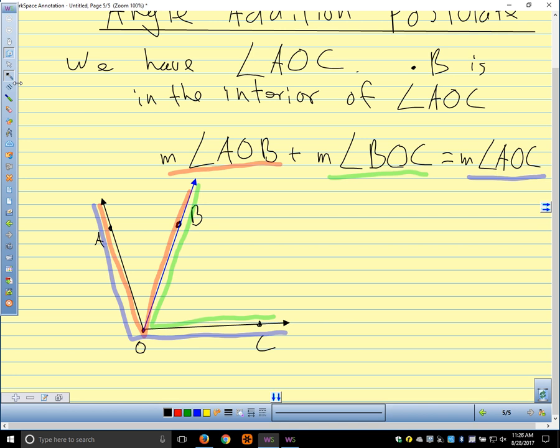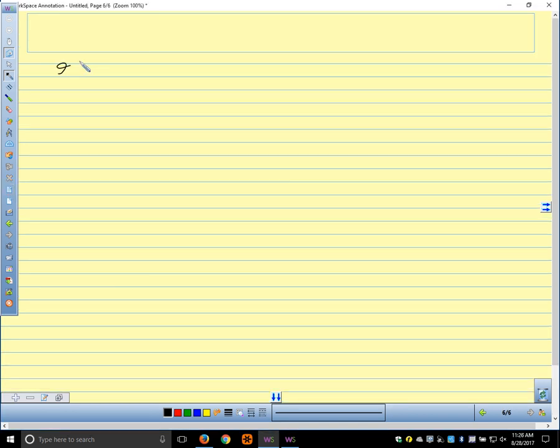All right, questions? Okay, I just want to do one example with the angle addition postulate, and then we'll be done. So here's my setup. All right, so this big angle is angle ABC. We have D here, so D is in the interior of angle ABC.